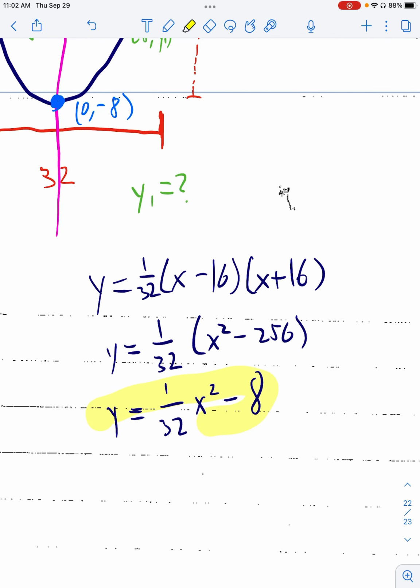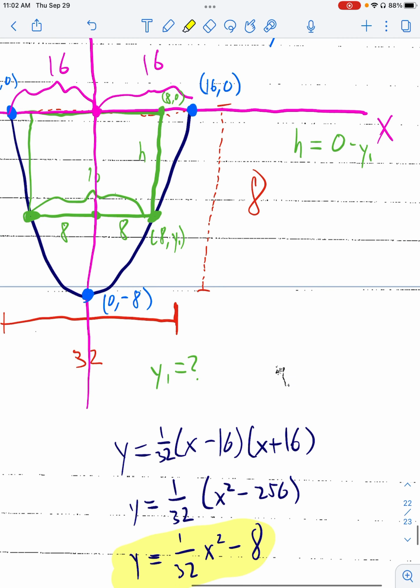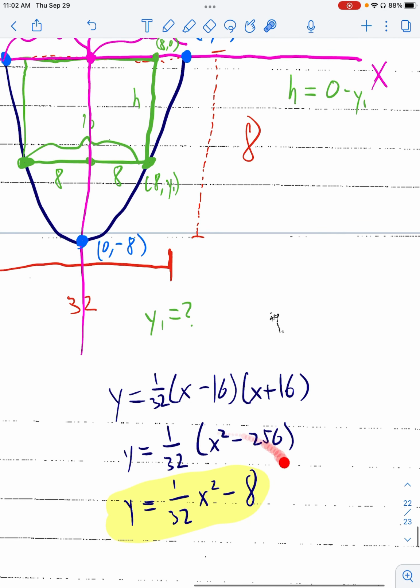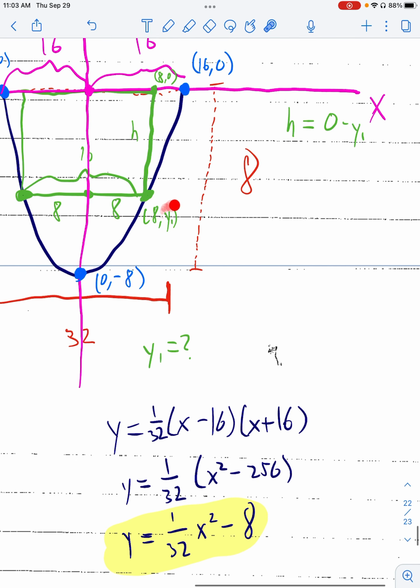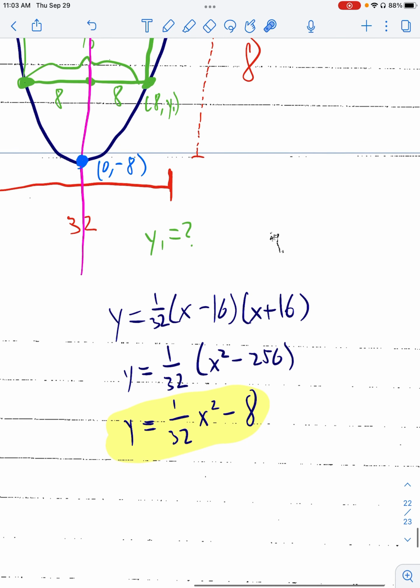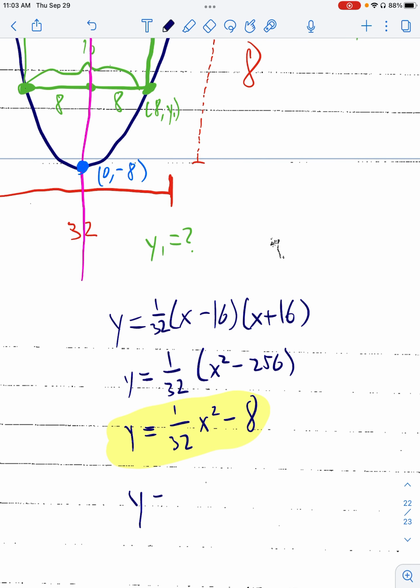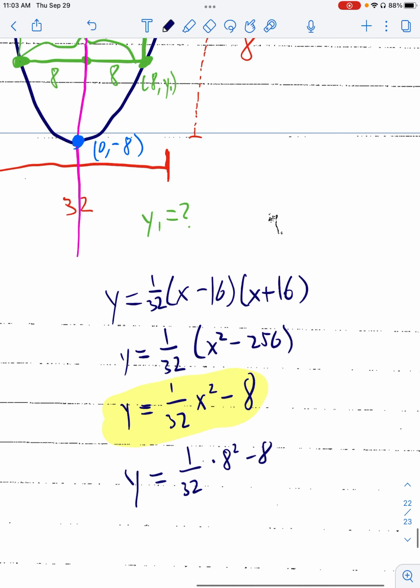Let's highlight that. So we need to plug 8 into this equation, and that's going to give me this y sub 1, this y coordinate here. We get y equals 1 over 32 times 8 squared minus 8.